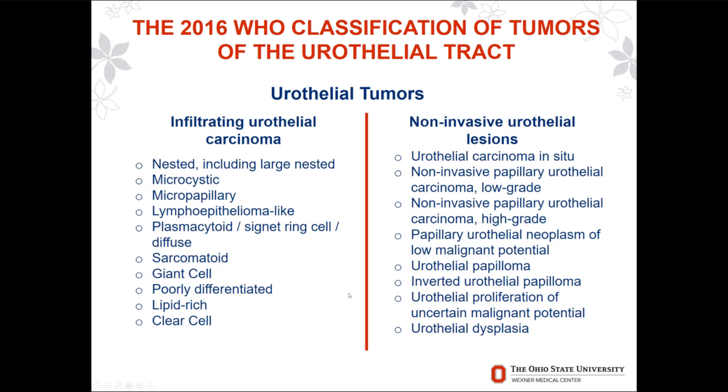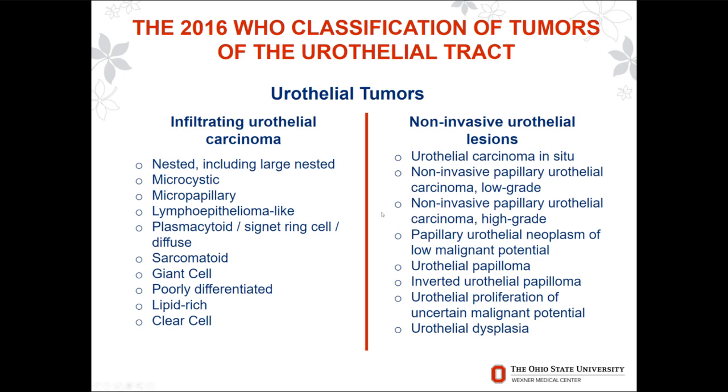In terms of the 2016 WHO classification of tumors of the urothelial tract, we can subdivide urothelial tumors into infiltrating or non-invasive. If you look at the infiltrating ones, some of the more common ones are nested, microcystic, micropapillary, lymphoepithelioma-like, plasmacytoid, rhabdoid, sarcomatoid, and some more rare ones: giant cell, lipid-rich, clear cell.